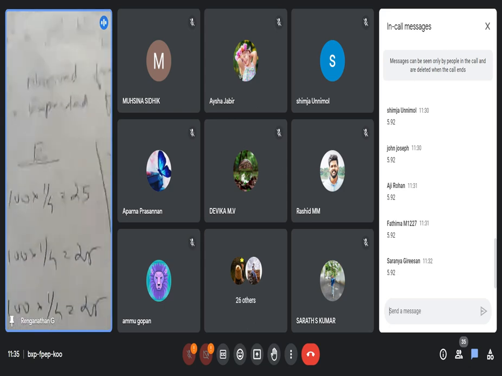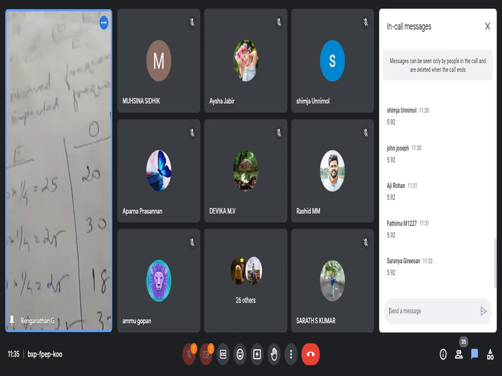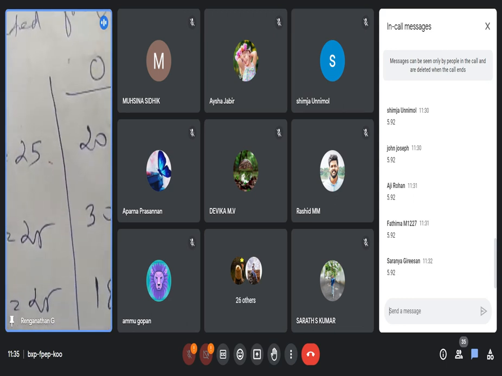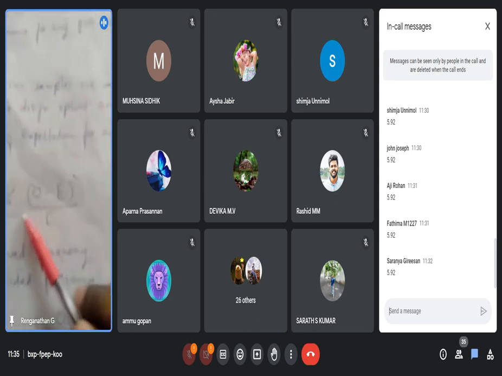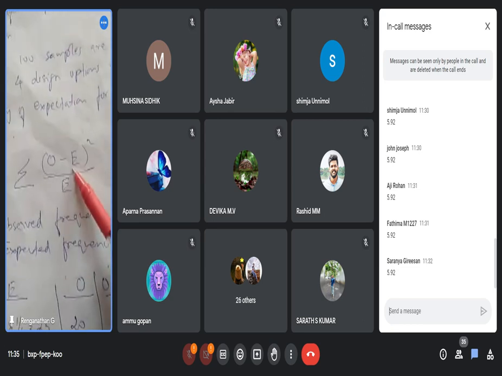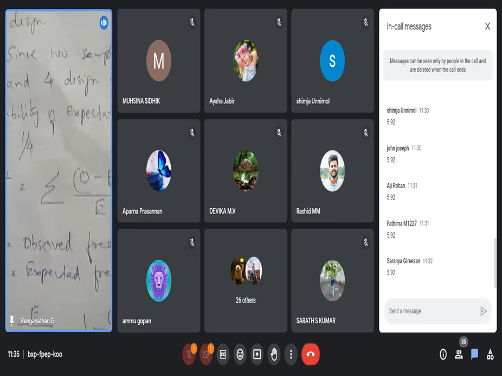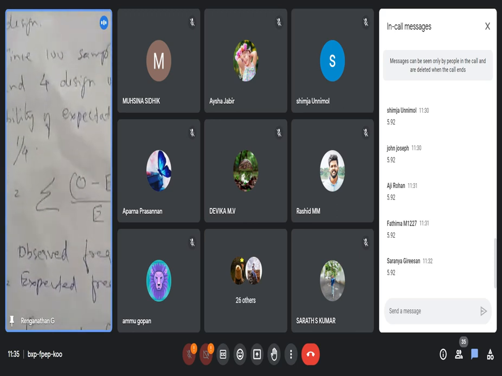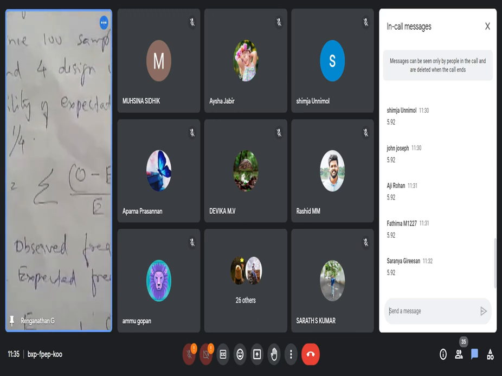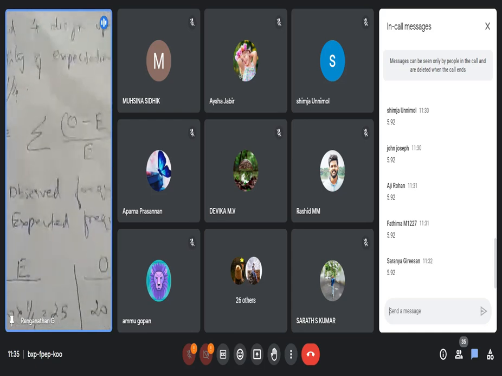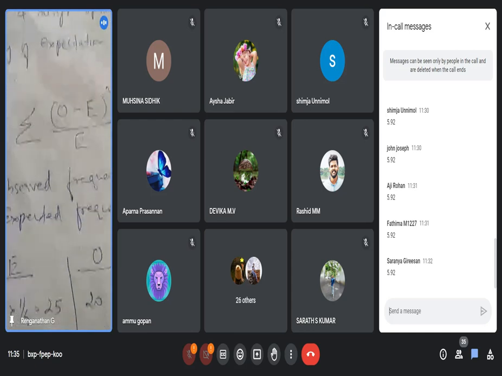Now, the value we got by using the formula is called the calculated value. Here the calculated value you already found out is 5.92. Am I right? And here the table value is 7.815.